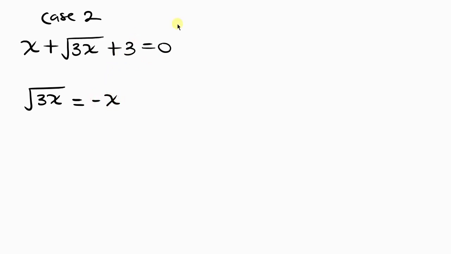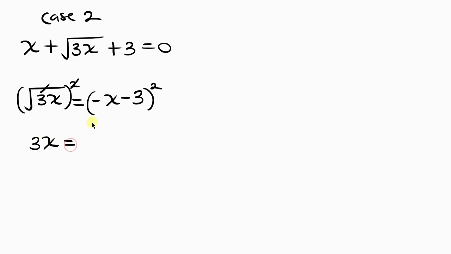When 3 crosses to the right, it becomes negative 3. Now to get rid of the square root, we're going to take the square of both sides. So I'll take the square of the left hand side. I'll also take the square of the right hand side. So square cancels off square root, leaving behind 3x. So we've been able to get rid of the square root.